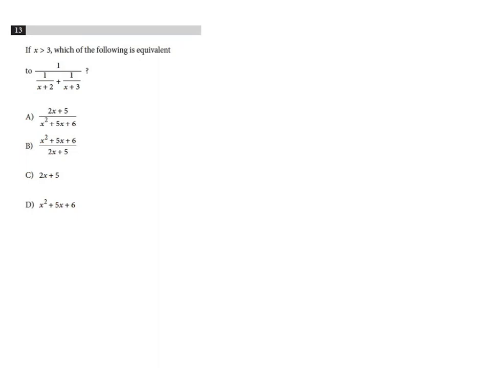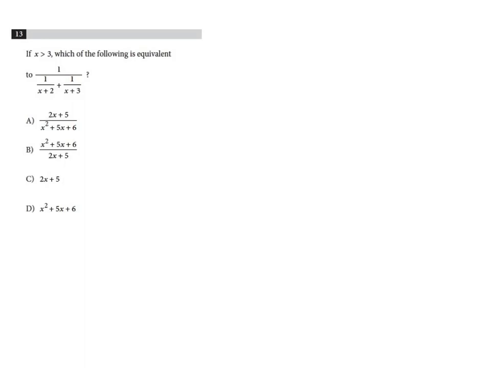Alrighty, number 13. If x is greater than 3, which of the following is equivalent to this compound fraction? Well, it looks like we're going to have to simplify this fraction. To simplify the fraction, we need to make one fraction in the denominator and one in the numerator. Well, the numerator is already just a 1, so that's done.